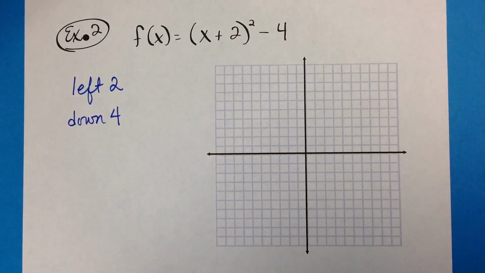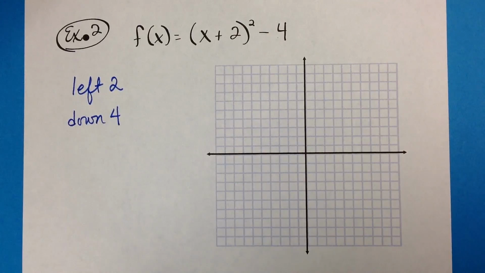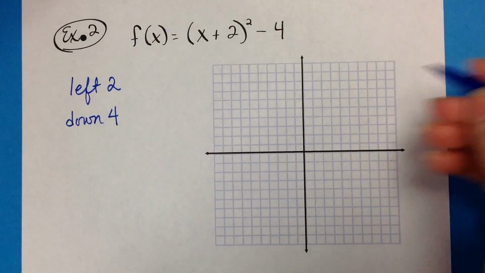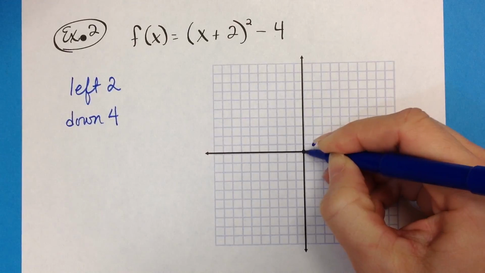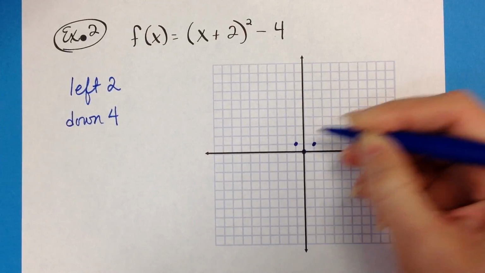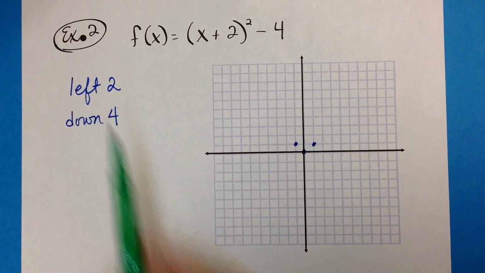Now, I'm going to stick to doing my transformations exactly in this order. Like I said, sometimes it's not going to matter, but sometimes it will. So I'm going to start off with the same 3 points that I started off with a while ago. Those 3, you just need to have memorized. Here are the 3 that I've got to start off with. So first of all, I'm going to shift each one of those to the left 2.